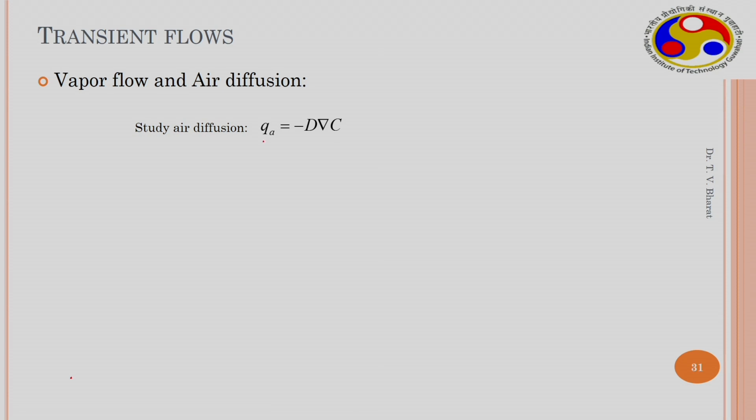The steady air diffusion equation becomes qA, the air flux, equals minus D, diffusivity, times del C. So, qA is the air flux which has units of mole per meter square second, the diffusivity has units of meter square per second, and this is the air concentration, which is expressed in mole per meter cube. So, this is the steady air diffusion equation.